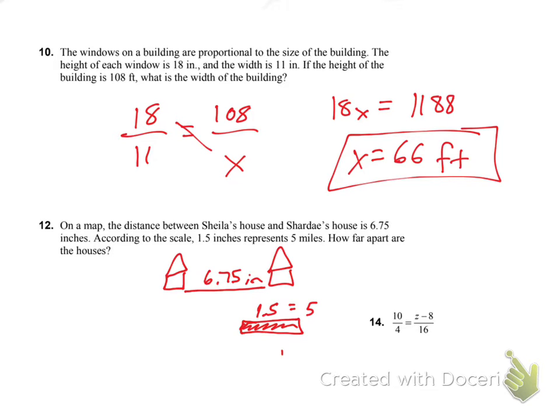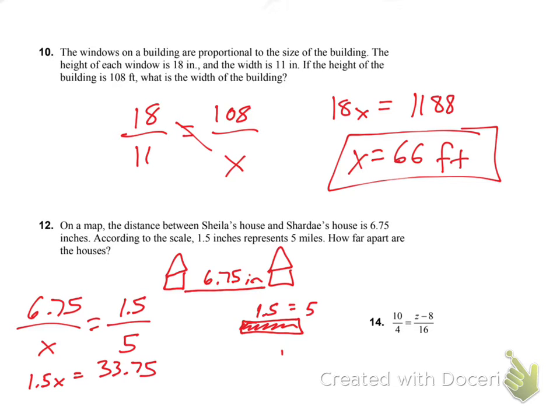So what we would do is we'd have 6.75 over x is going to be equal to the 1.5 over 5. I cross multiply and I get 1.5x is equal to 5 times 6.75. So I get 33.75.